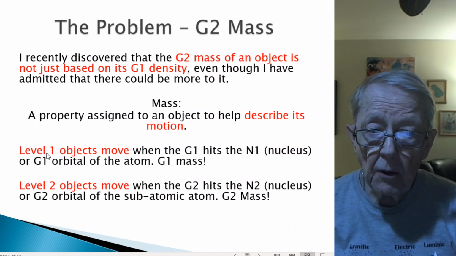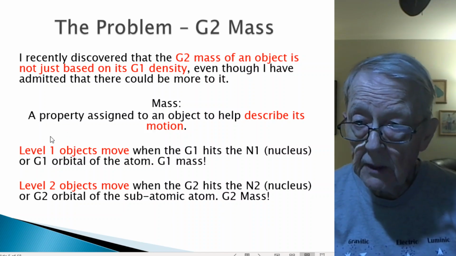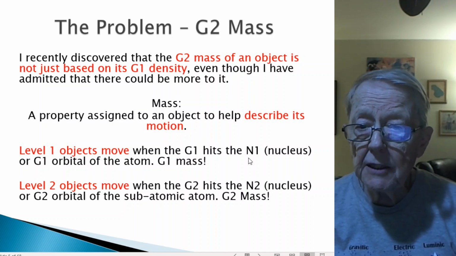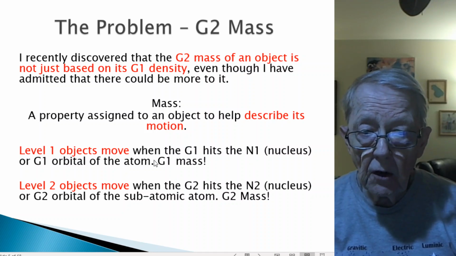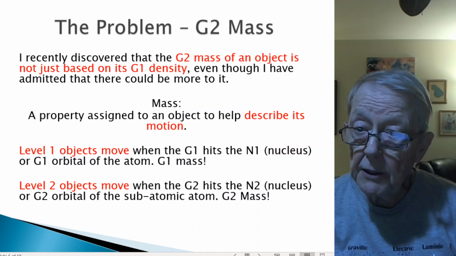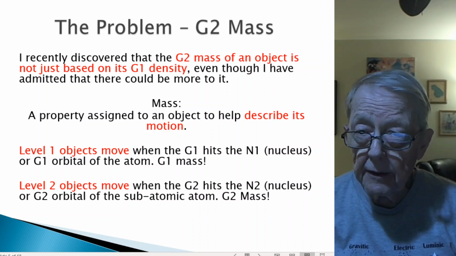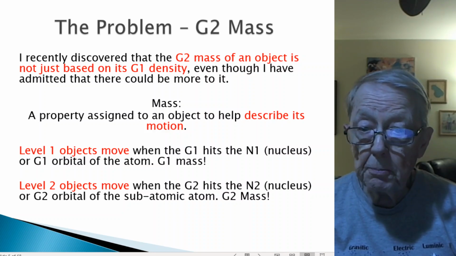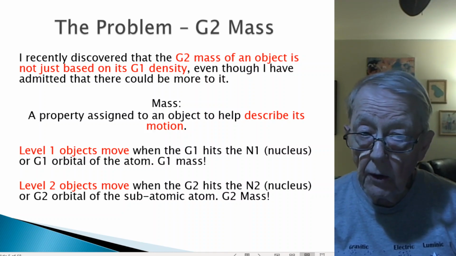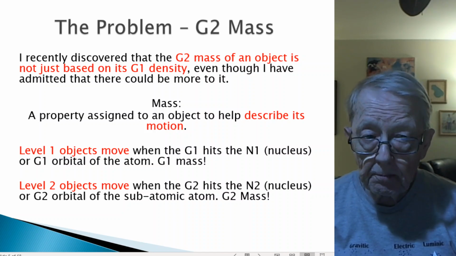Well, take level 1 objects. That's level 1 atoms like hydrogen, copper, iron. These objects move when a G1 hits the N1 nucleus or the G1 orbital of the atom. G1 can actually pass through an atom. It's a tiny particle that can pass through the open space of an atom, but when it hits the N1 nucleus or the G1 orbital, it pushes it, it moves it.